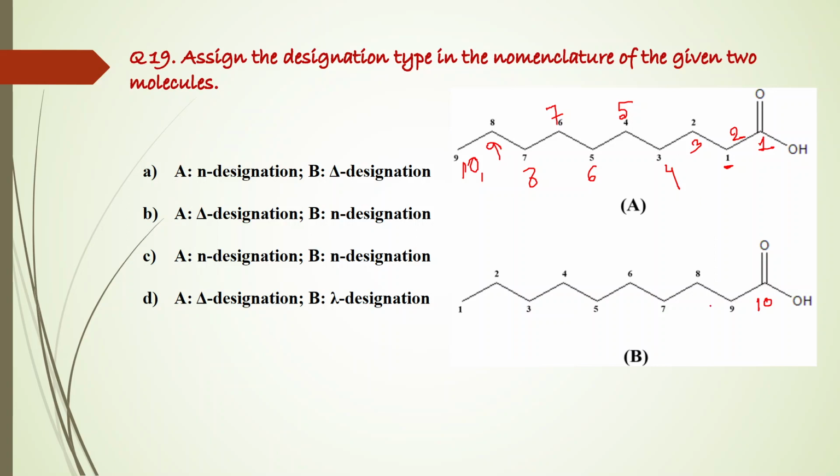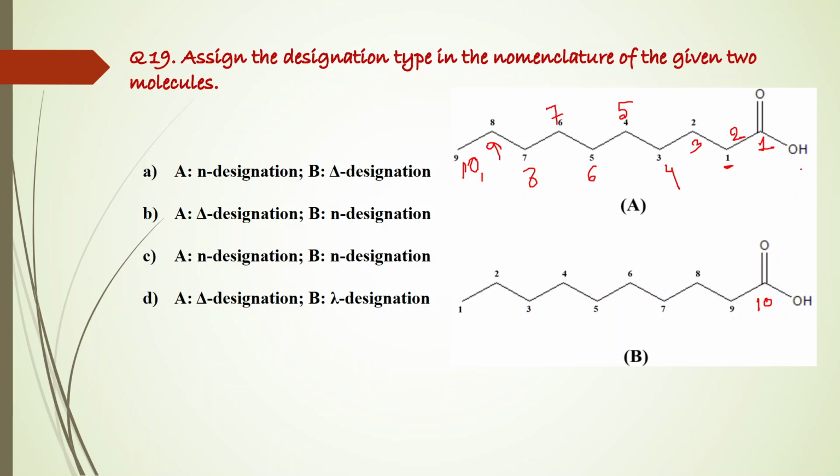You have to identify which one is what. So we already have discussed that in case of delta designation, we start from the COOH site. We start our marking from the COOH site. But in case of N designation, we start away from the COOH site.